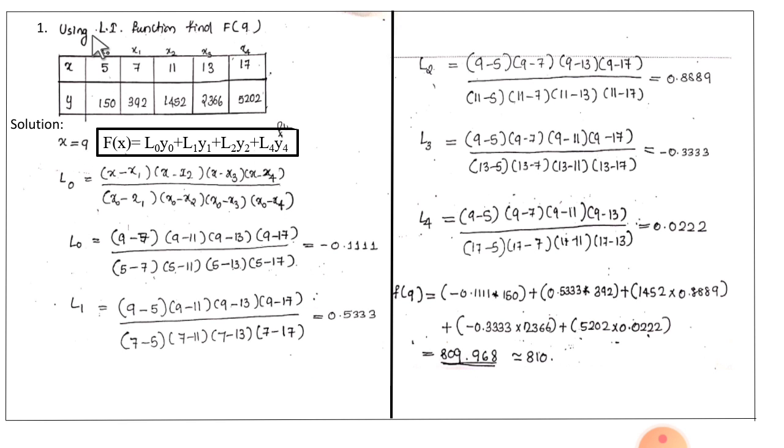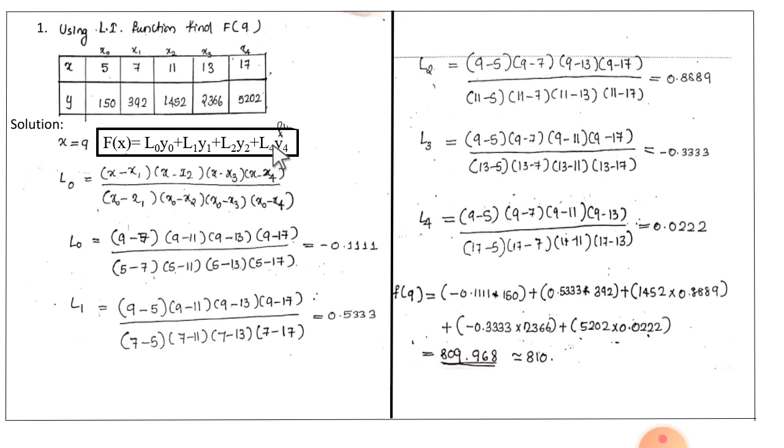So this is a question: using Lagrange's formula, find f of 9. Here we take x equal to 9. These are the values given for x and y: 5, 157, 392, 1, 1452, 113, 2366, 17, 5202. So here f of x will be L0 y0 plus L1 y1 plus L2 y2 plus L3 y3 plus L4 y4.